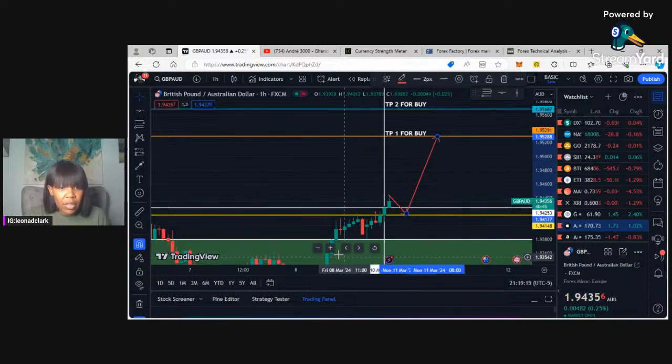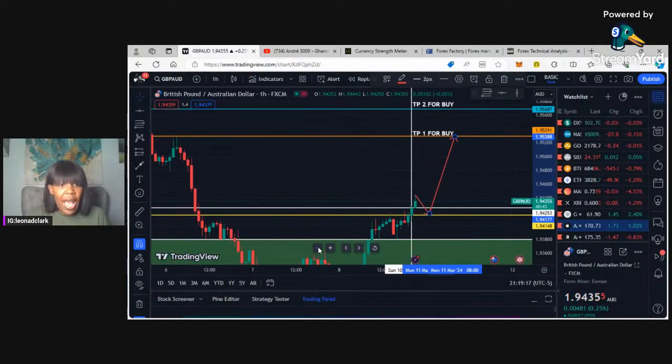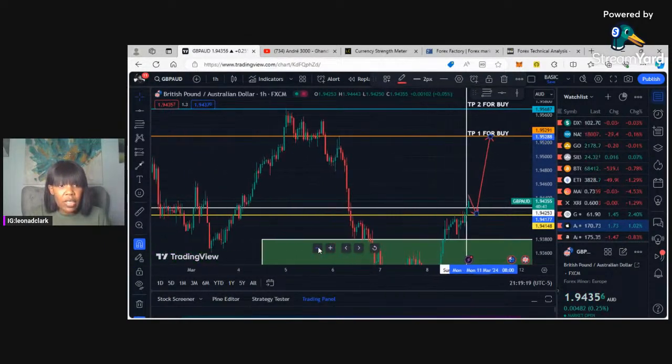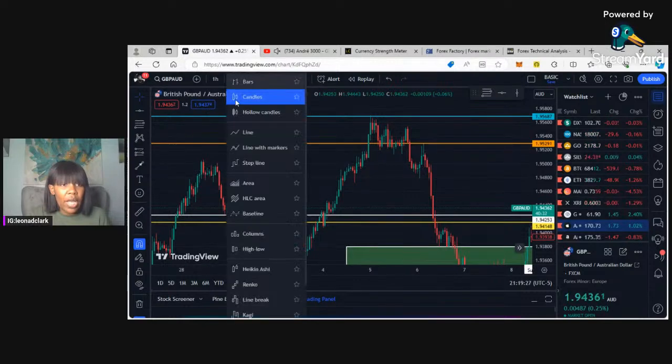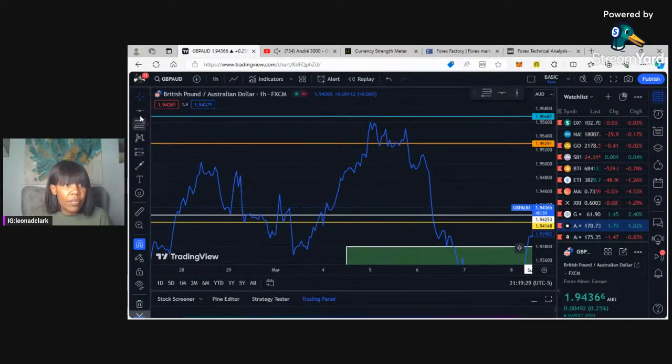Depending on how many pips it is, I can look, y'all, to see if there's another area between here and here for a profit, which looks like around in here somewhere. But I'm going to change this to a line chart.